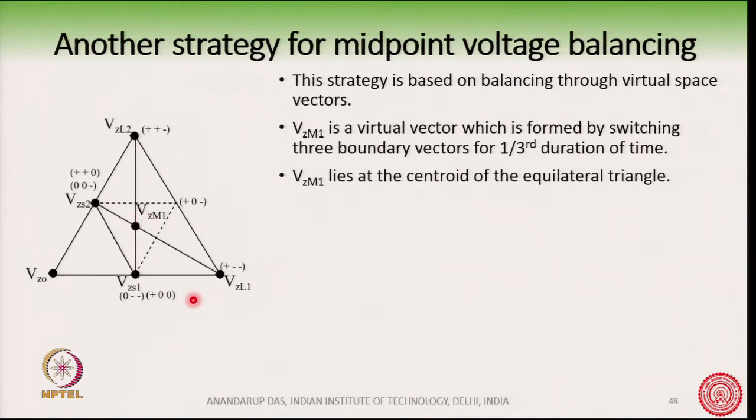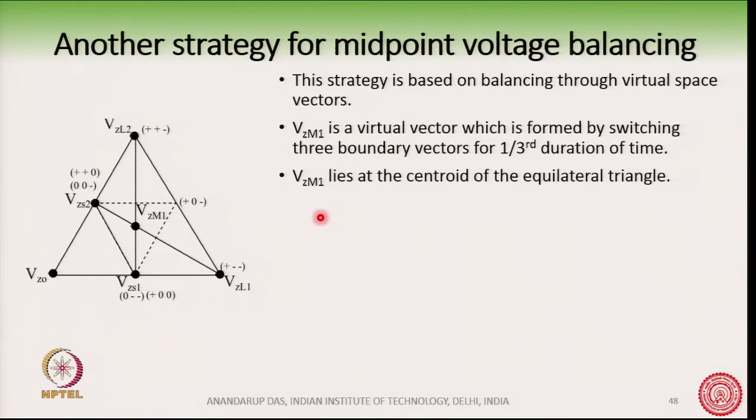Of course, we have switching states that produce this vector, this vector, this vector, this vector, this vector and this vector. So, these 6 vectors we can produce because we have switching states for them. However, this vector cannot be produced directly like the switching state.